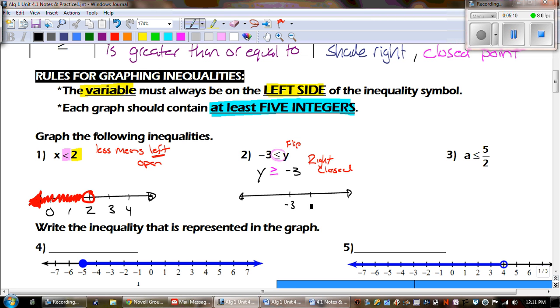I go 2 numbers higher, which is -2 and -1, and then -4 and -5. Now, I shade to the right and it's closed. So a closed point means I draw the circle in, and then I shade to the right, and I make sure that I have an arrow.